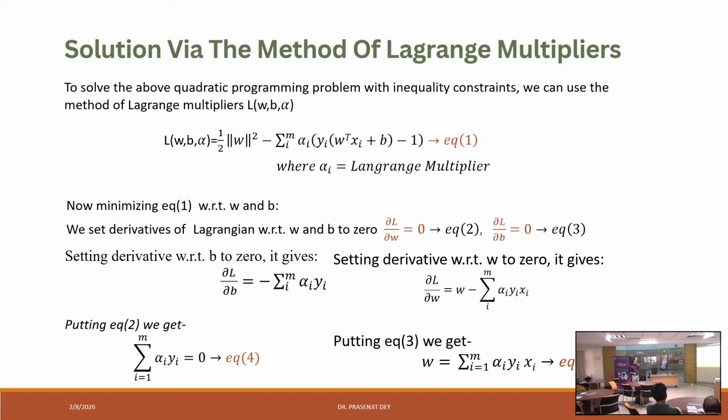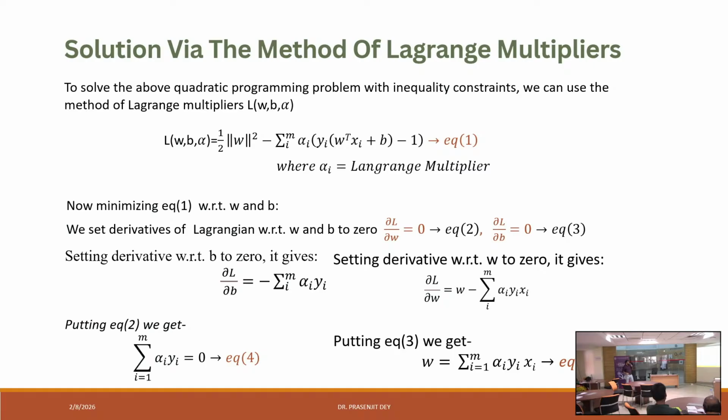The alpha i b term is a constant, so it is 0, and the minus 1 is also constant. This is applicable for all i from 1 to m. So it is minus the sum over i equal to 1 to m of alpha i, yi, xi. Is it clear to everyone?